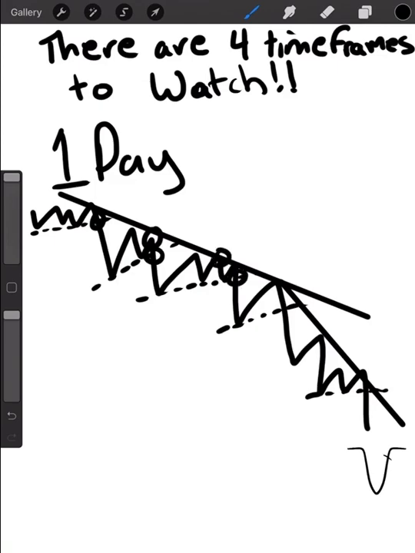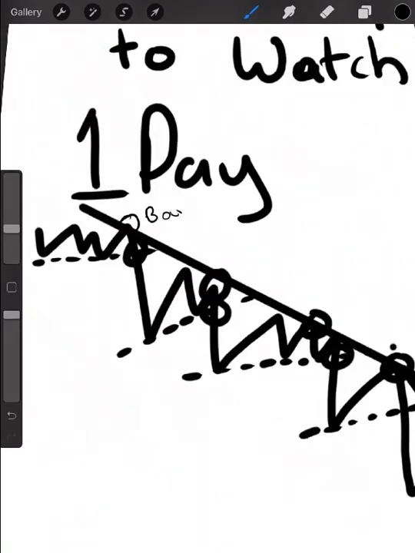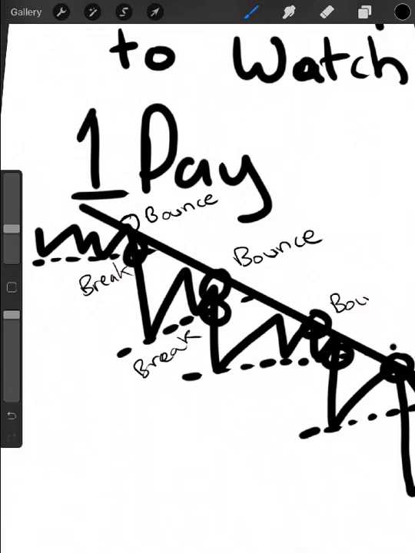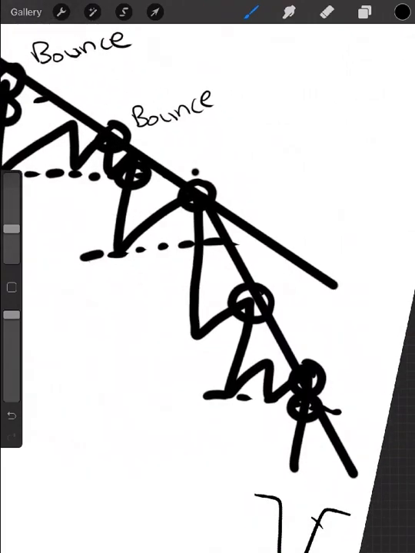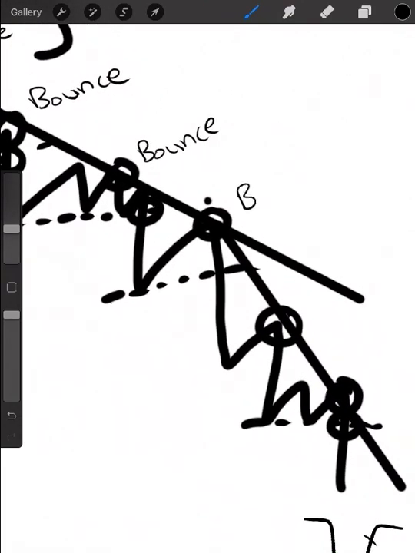So as far as my method with the break or bounce, you still want to be able to identify these. On the downtrend line for the daily, the one that you see at the very top, the straight line, that's where you're gonna see these bounces. And then below that on the sell side, that's where you're gonna want to see the breaks happen to the continuation of the sells.